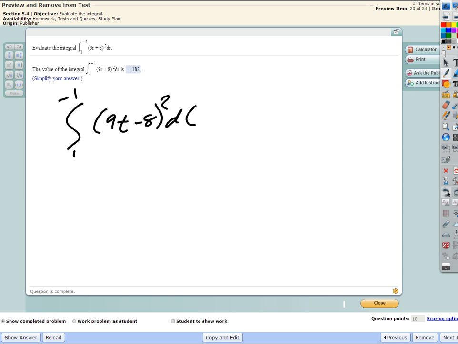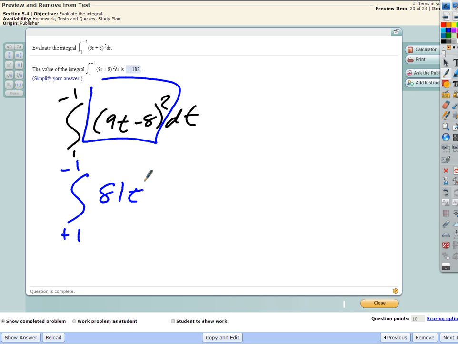Can you run this again? Okay, so what we're going to do with this, this is too complicated for us. There's no antiderivative rule for something that complicated, but if I just expand that out, I'm going to get 81t squared plus et cetera, three terms, right? Let's just look at the first one. I'm going to end up with the integral from -1 to 1 of 81t squared plus et cetera dt.